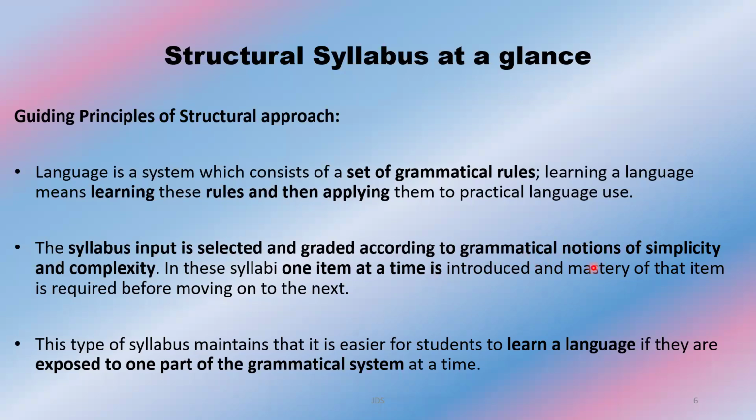These grammatical structures should be graded. So if you take a structural syllabus and see, you will find the very easiest grammatical components coming first. Afterwards, the structures that are taught will be the difficult ones.